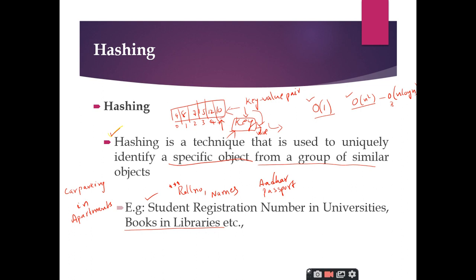And why do we require hashing? The hashing technique is used to make an efficient searching mechanism. If somebody asks you what will be the search time complexity in hashing, you can undoubtedly say that it is big O of 1. Is it clear?